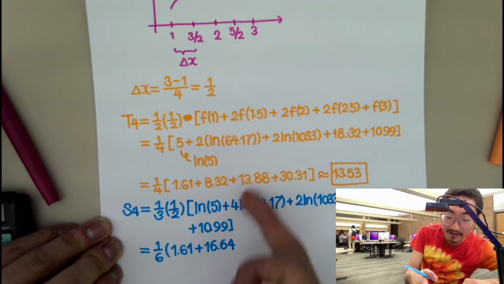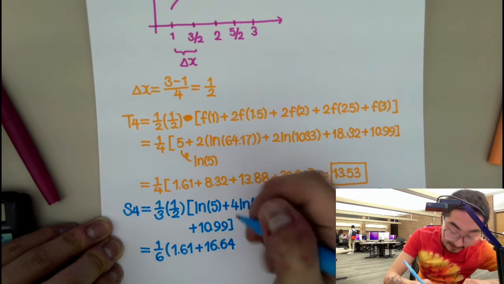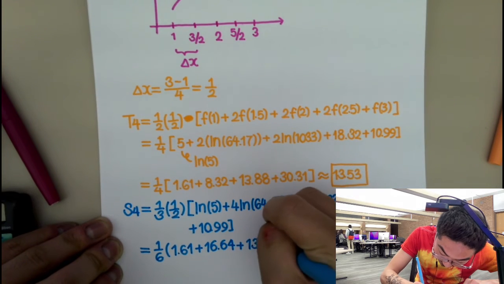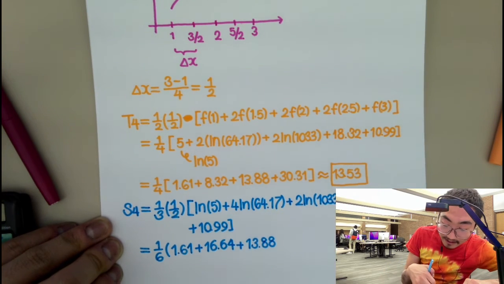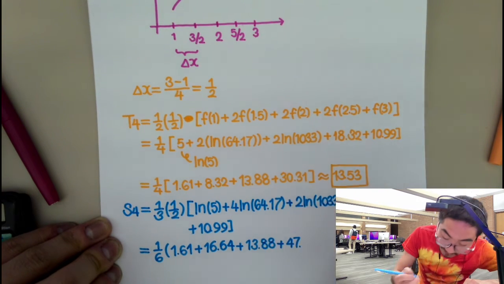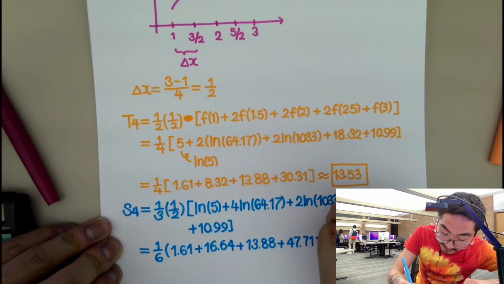After 2, this is going to be 13.88. And then we plus this, and it's going to be 47.71.